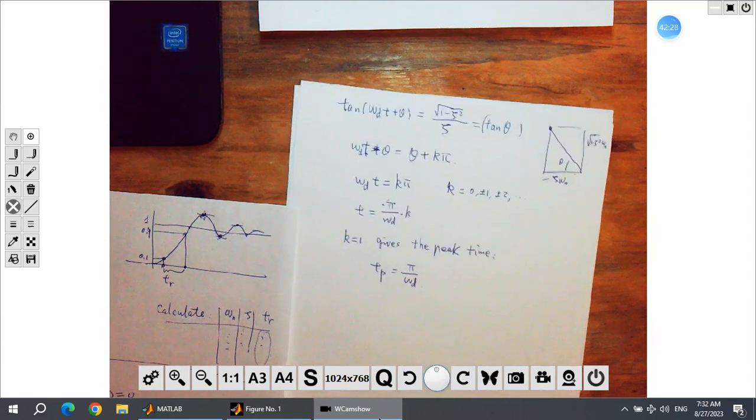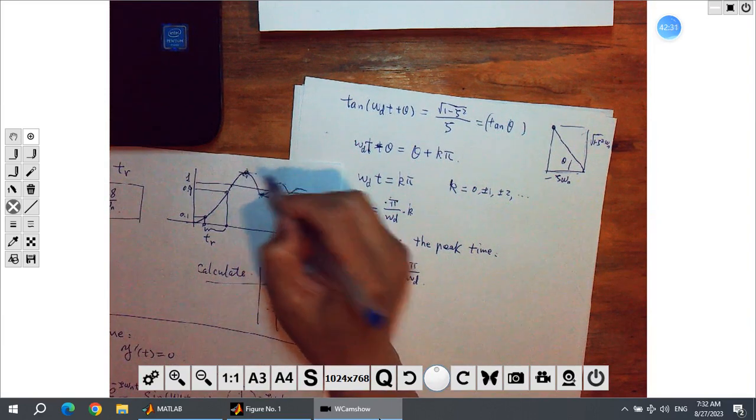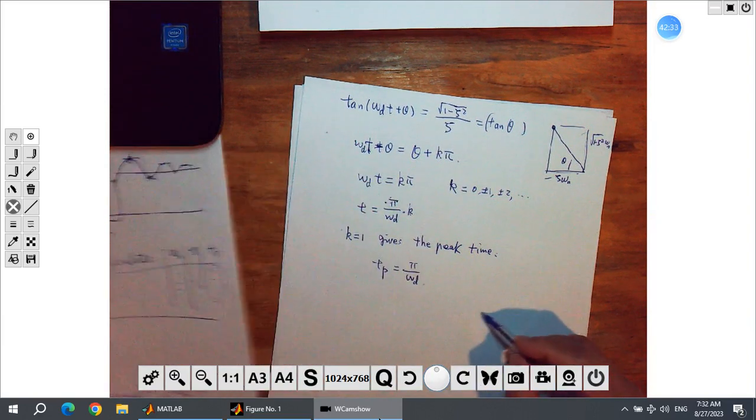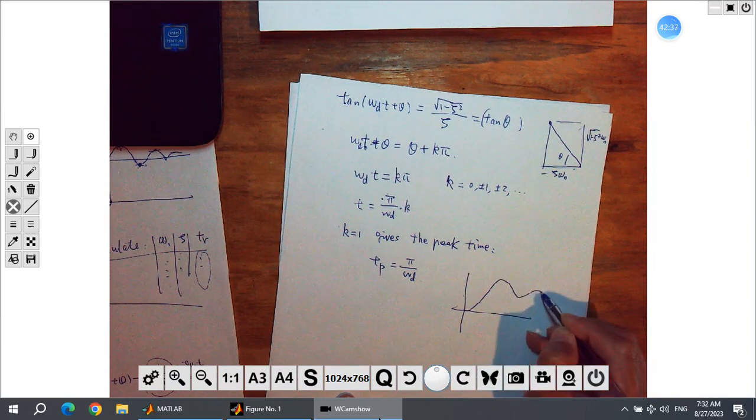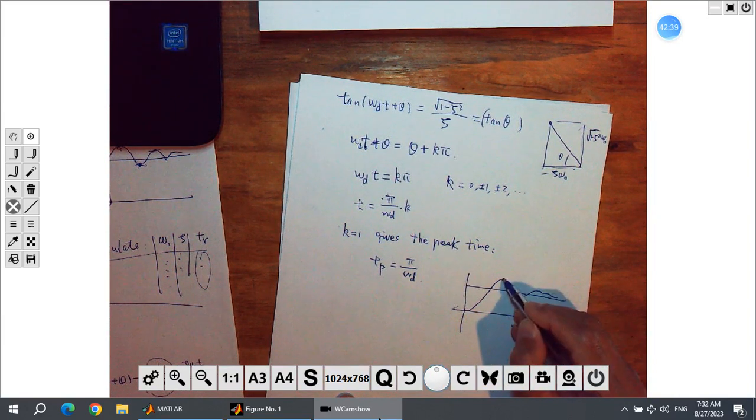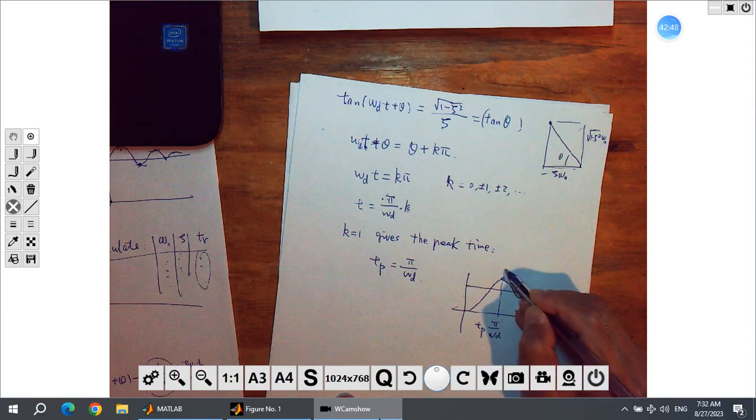Pi over omega d. I give it another graph. Pi over omega d, this is Tp. And this will be the peak value Yp.